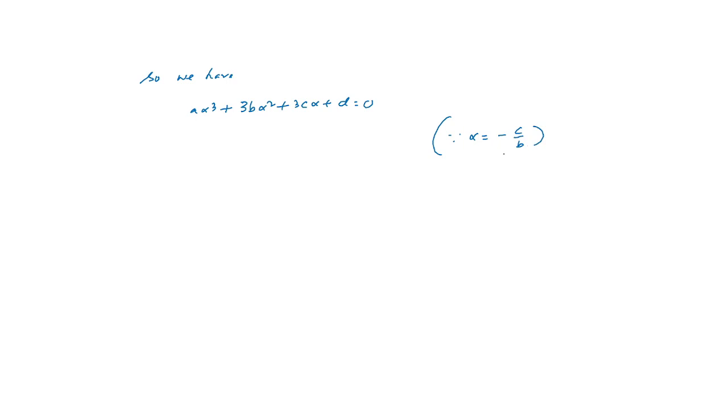So put minus c by b here: a into minus c by b whole cube plus 3b into minus c by b whole square plus 3c into minus c by b plus d equals 0.